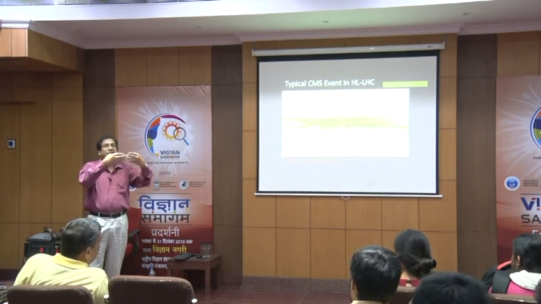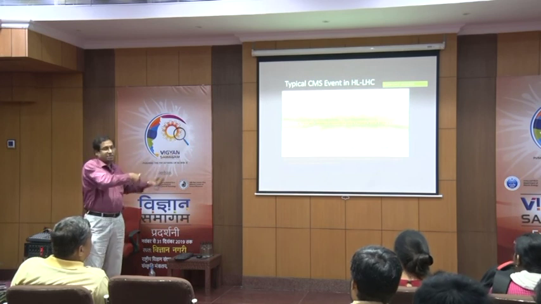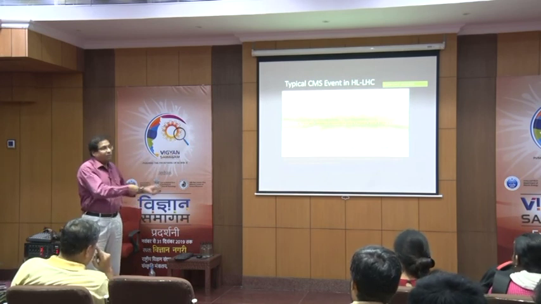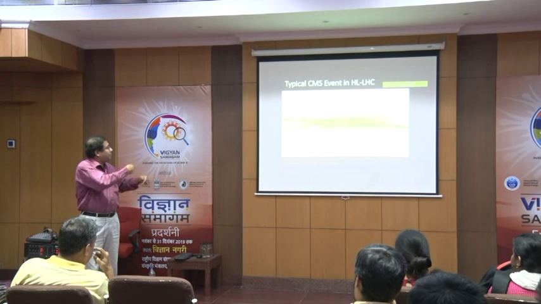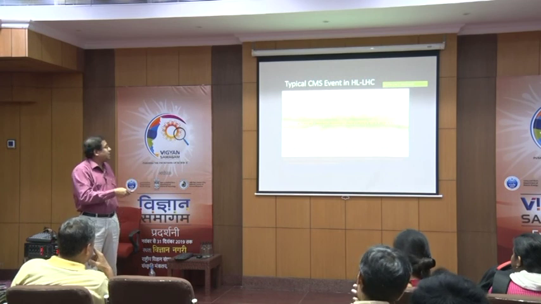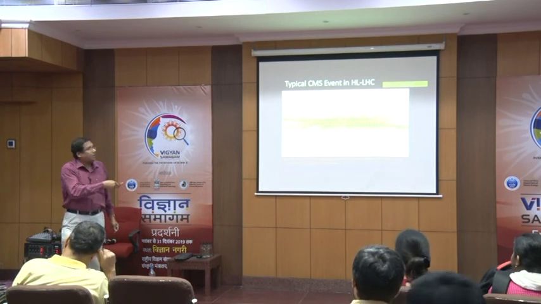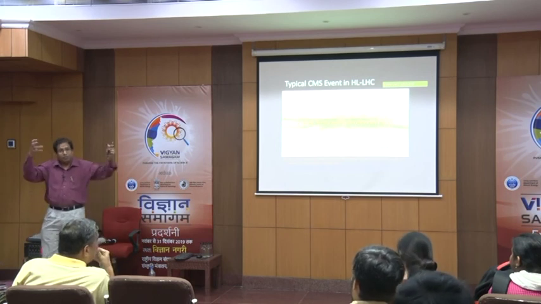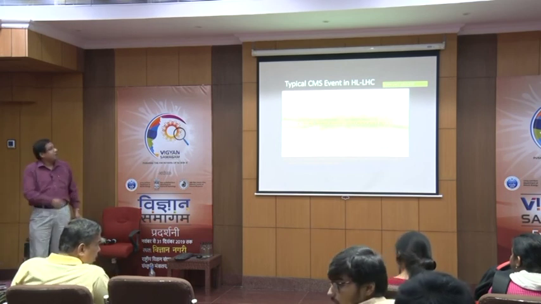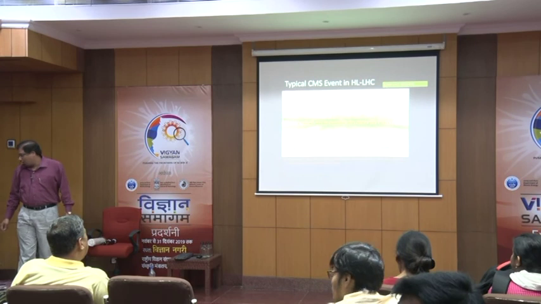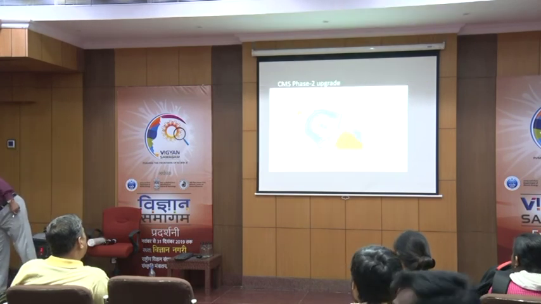And they cross, they collide, and then some hard scatter process happens. Apart from the hard scatter, other kinds of processes can take place, and because the LHC will have a much larger number of protons, these pile-up events can grow all the way to 114 and so on.